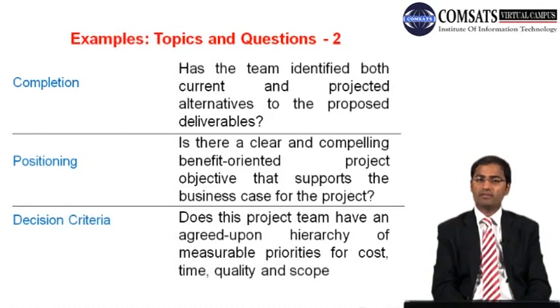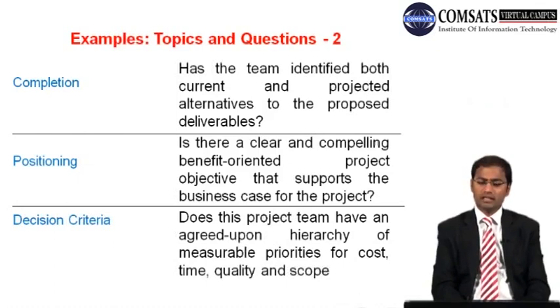So you should have appraisal and alternative analysis as well. Is there a clear and compelling benefit-oriented project objective that supports the business case for the project? So what is the positioning of your project?